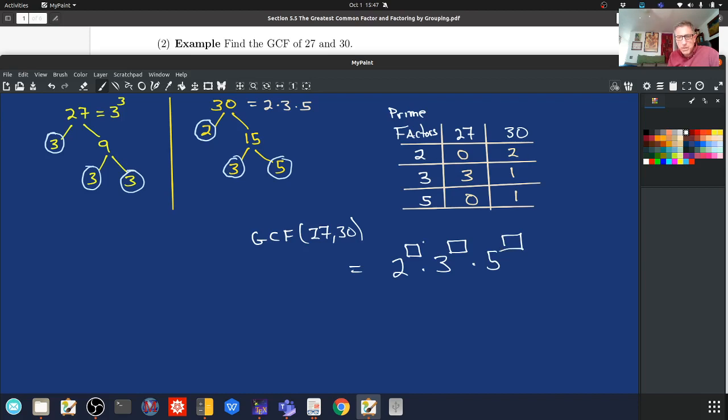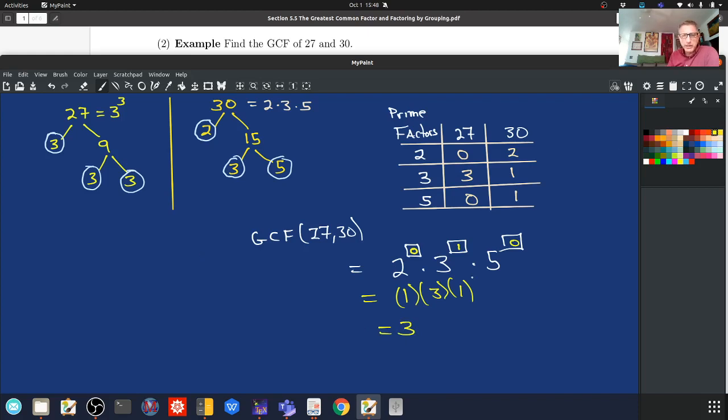Take the smallest number in each corresponding row, so that's the 0th power, the 1st power, and the 0th power. So 2 to the 0th is 1, it disappears. If you want to put it up there, it's 1. 3 to the 1st is 3. 5 to the 0th is 1. So the greatest common factor is equal to 3.